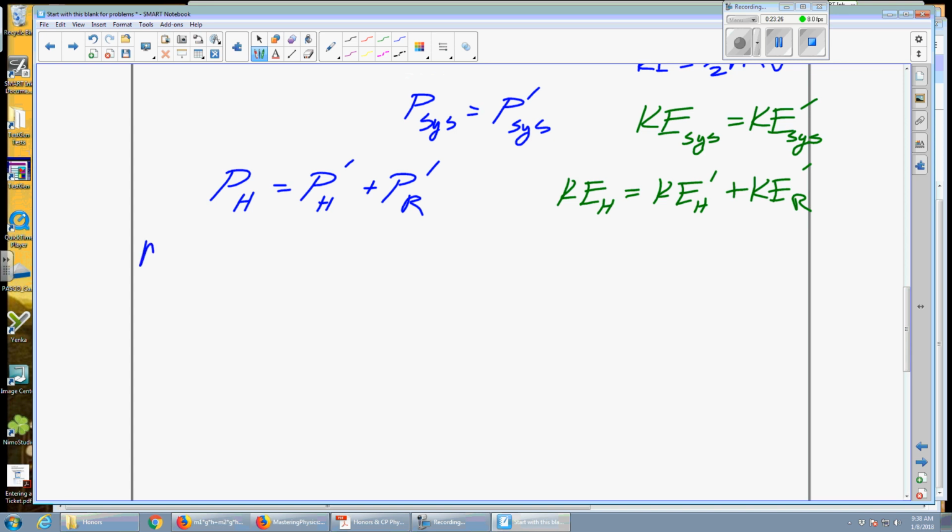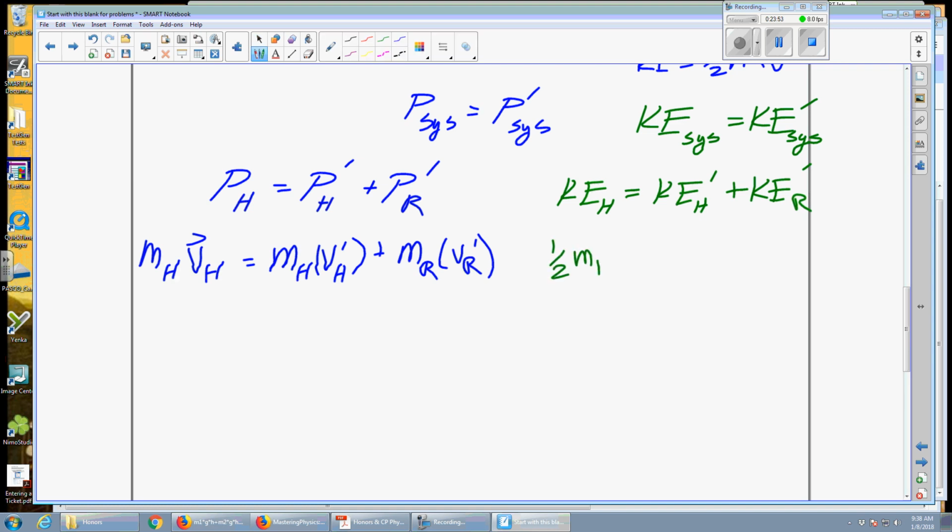And now it's substituting in: inertia of the hammer, velocity of the hammer, equals inertia of the hammer, velocity of the hammer afterwards, plus inertia of the rock, velocity of the rock afterwards. And 1/2 inertia of the hammer, speed of the hammer, squared equals 1/2 inertia of the hammer, velocity of the hammer afterwards, squared, plus the rock's term.